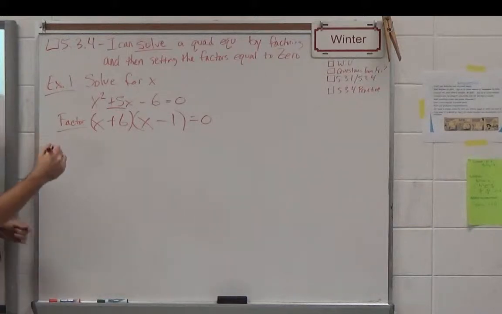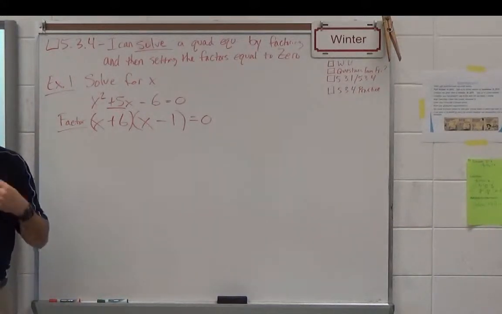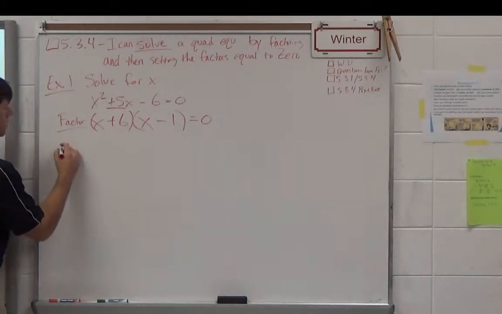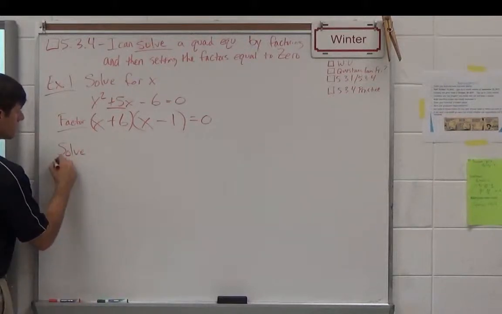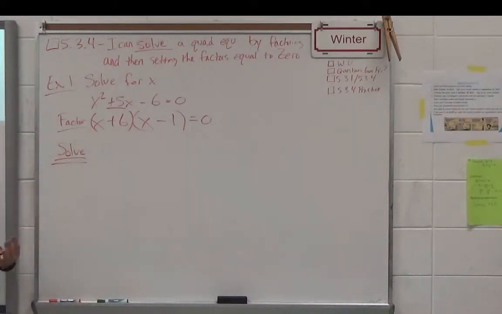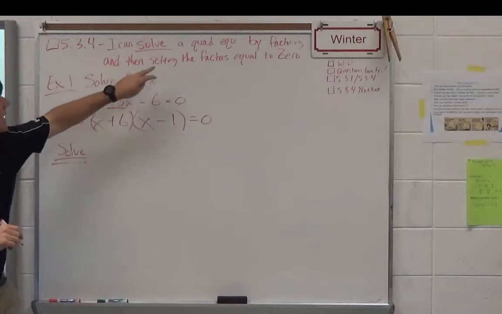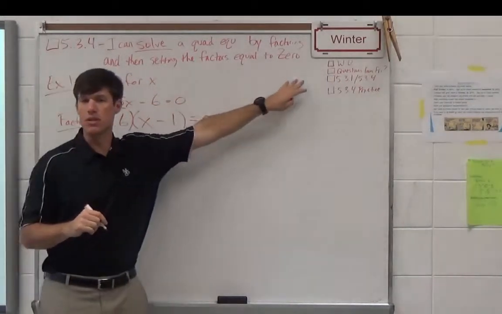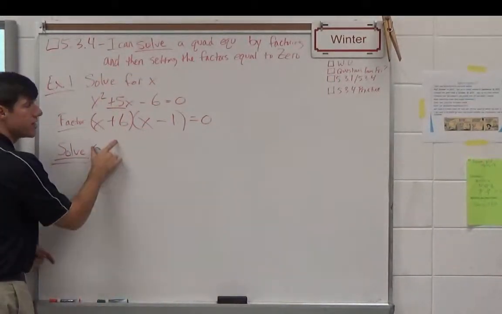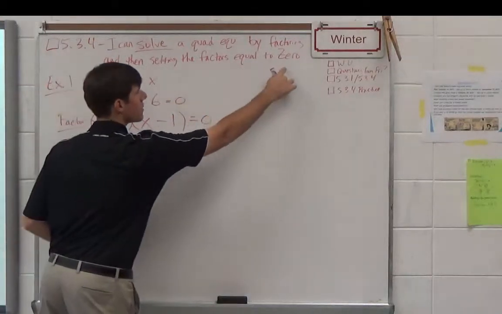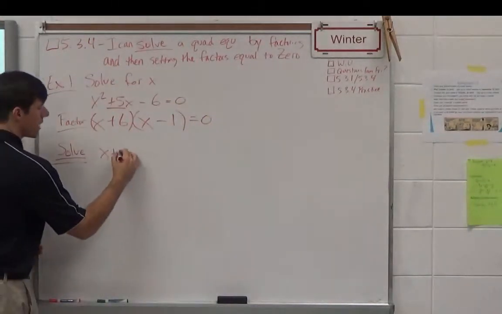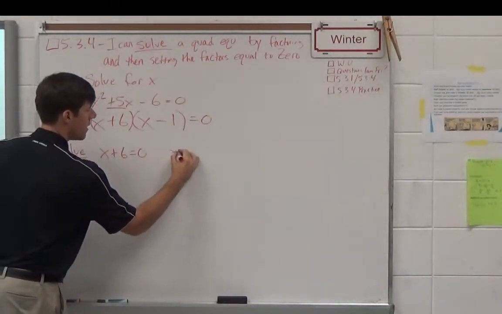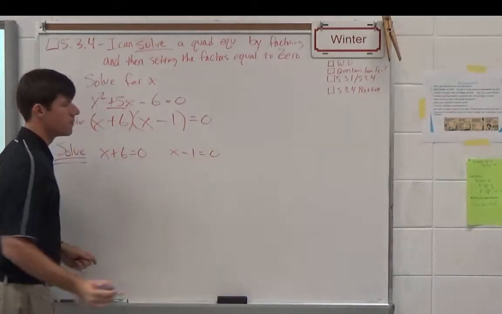Now, let's find the solutions, or let's find the roots. So now we need to solve. In order to solve, we set the factors equal to 0. Remember, the factors are these 2 guys. Set them equal to 0. So x plus 6 equals 0, x minus 1 equals 0.